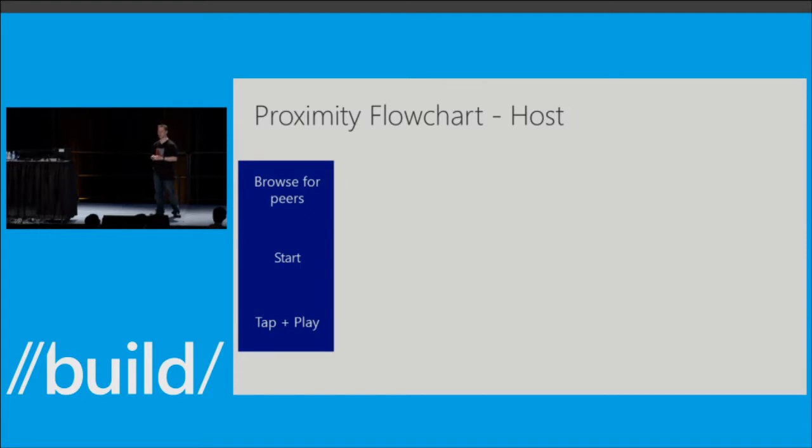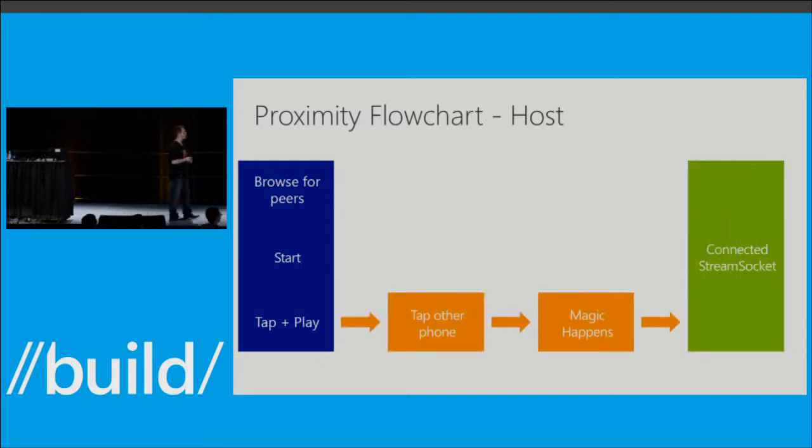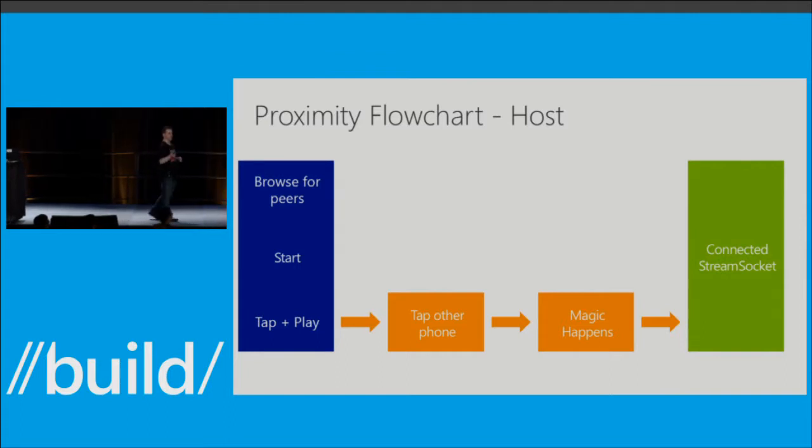So the host wants to start sharing content, or playing a game, or doing something else like that. And they have two options. The first option is that they can browse for peers, right? They can look for people around you. This is similar to if you're playing a multiplayer game, for example. You go into the lobby and it tells you the people that want to play, etc. It can do that, or it can do a tap and play experience. And what Nokia did is a tap and play kind of experience where one phone taps another phone, magic happens, and we'll talk about the magic, and out pops a connected socket.